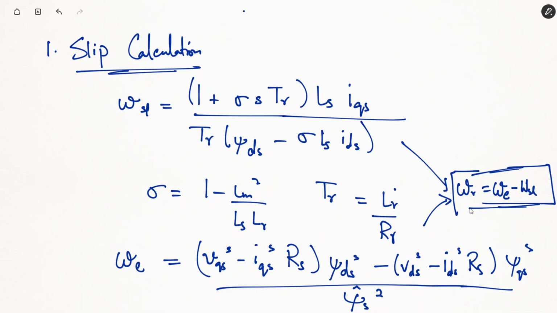Slip speed we can calculate using equation number 1, and synchronous speed we can calculate using equation number 2.